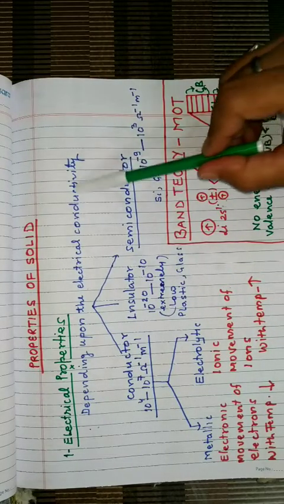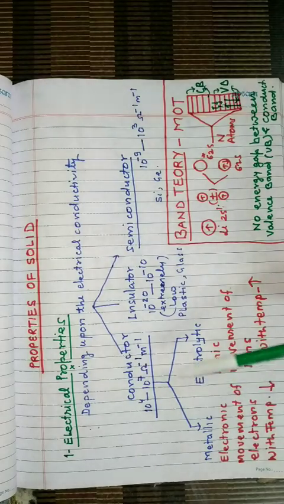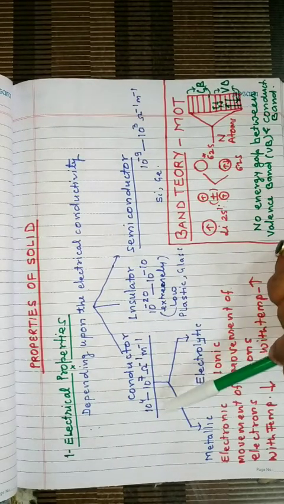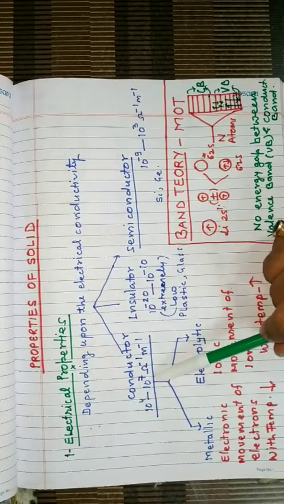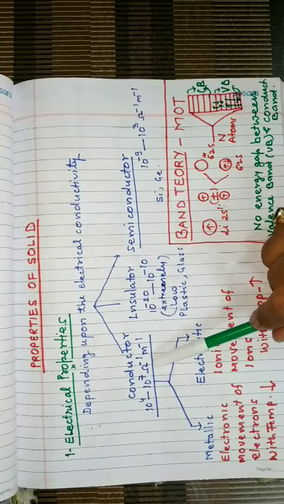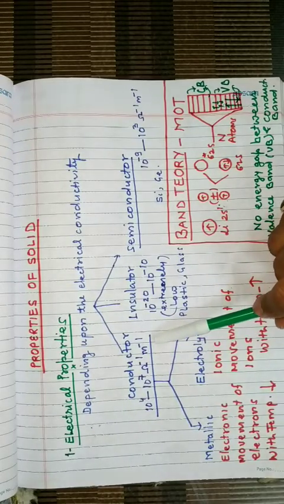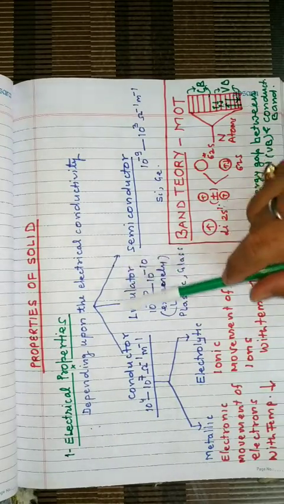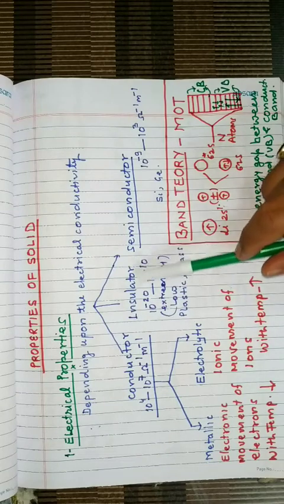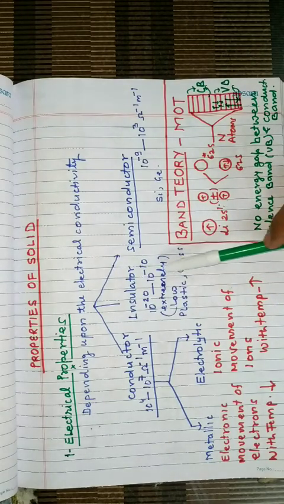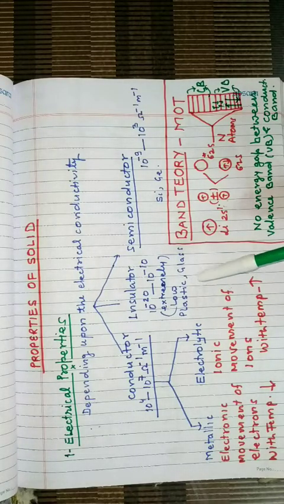Now the conductivity of conductor ranges from 10 to power 4 to 10 to power 7 ohm inverse meter inverse. In case of insulator, the conductivity is extremely low, hardly of any importance for electrical conductivity.